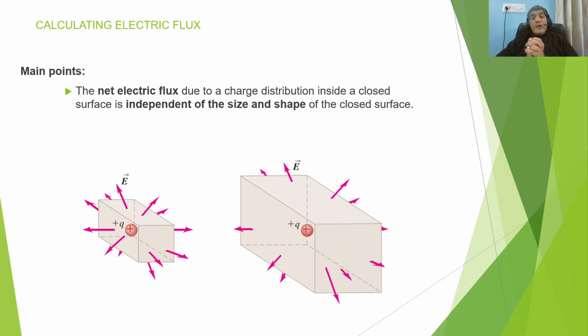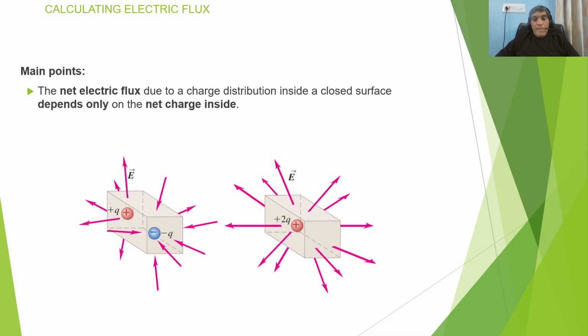So by putting a charge in a small sphere of radius r, the answer is the same if we put the charge in another sphere of double or triple radius. So the shape and size of the closed surface have no effect on the net electric flux generated by the particular surface.